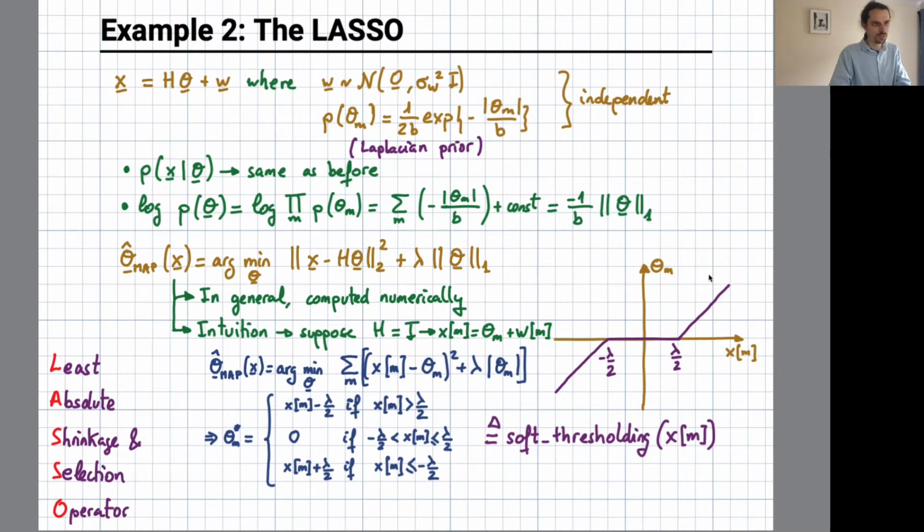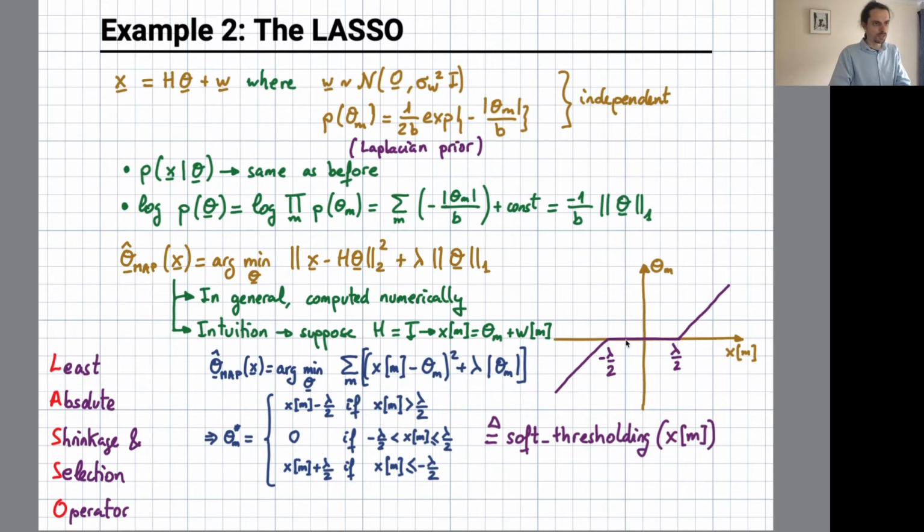So it effectively shrinks the xm's that are greater than lambda halves. The same happens if xm is less than minus lambda halves. In that case, it's also shrunk towards 0.